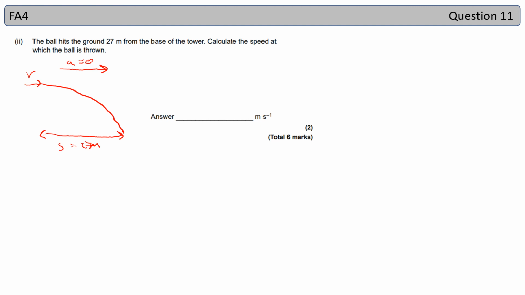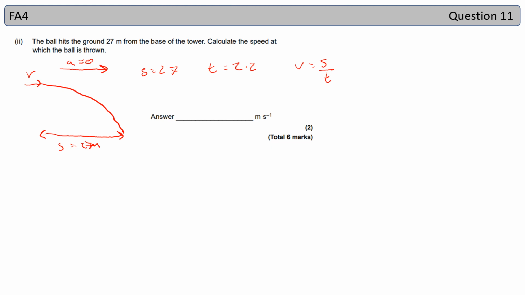And so I don't even need to use a SUVAT equation for this. I can just use the fact that it travels 27 meters. We know that the time was 2.2 seconds from our previous question. And so I can just use speed, or in this case v, is equal to distance over time.